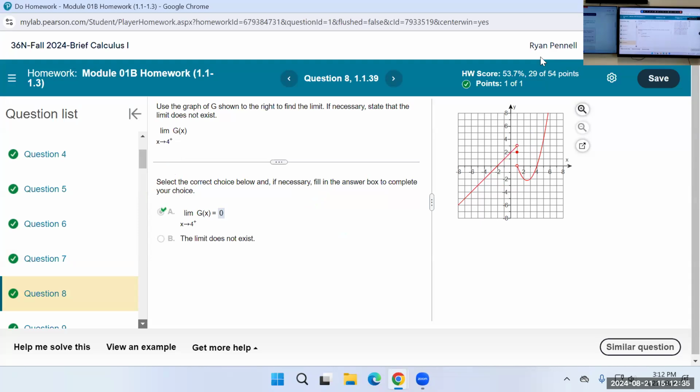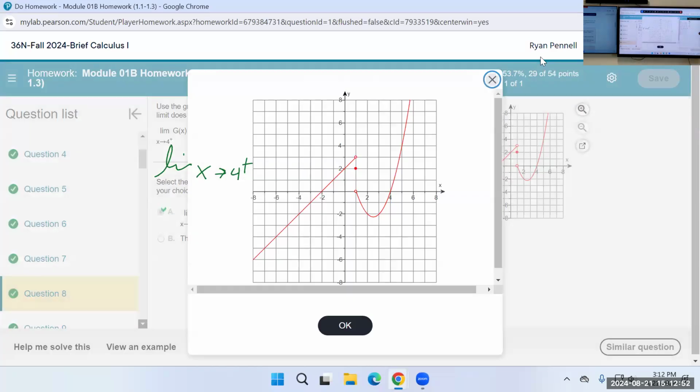Similar. Get a different graph. The limit as x approaches 4 from the right. Let's see what's going on here. The plus sign means the right. So from the right, what's going on as we approach 4?